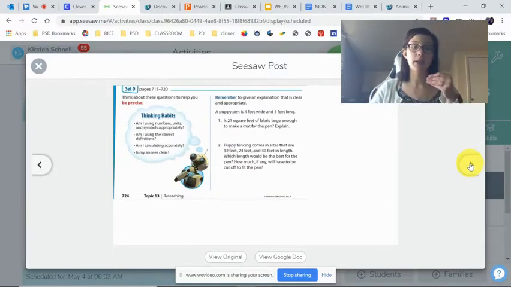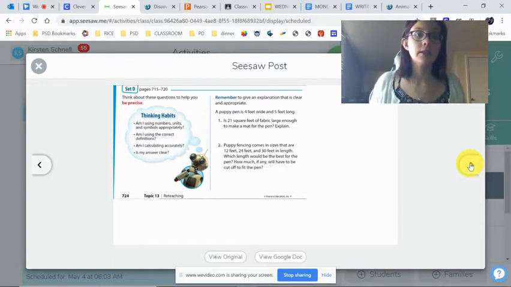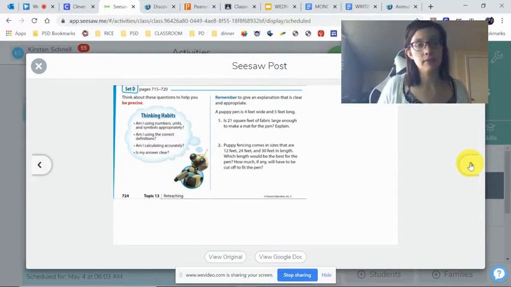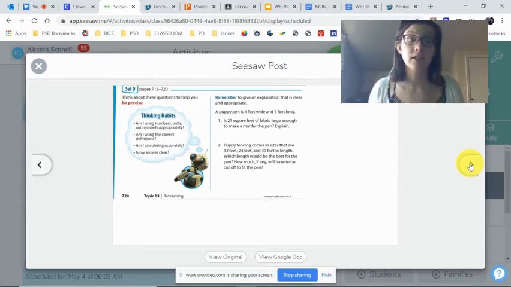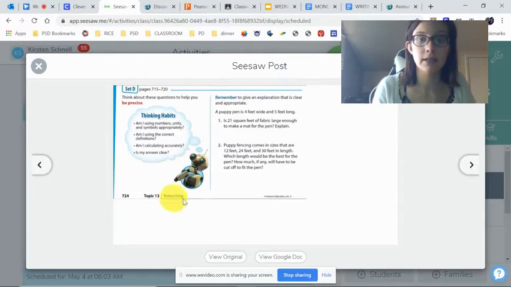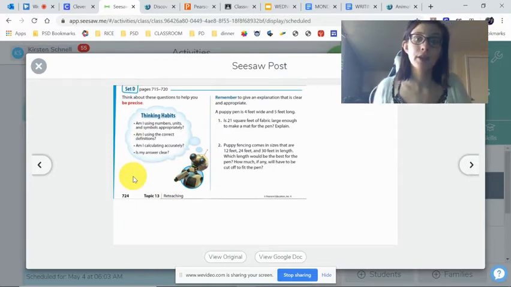Now for part D, you're going to be using these questions to help you be precise. And the reason why we need to be precise is because we want to make sure that we're using mathematical language, that we understand the correct definition of things, that you're calculating correctly, and just making sure that your answer is clear, right? So these are your thinking habits that you need to consider.